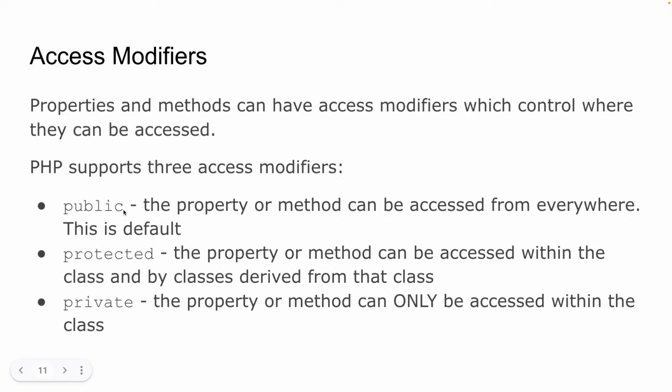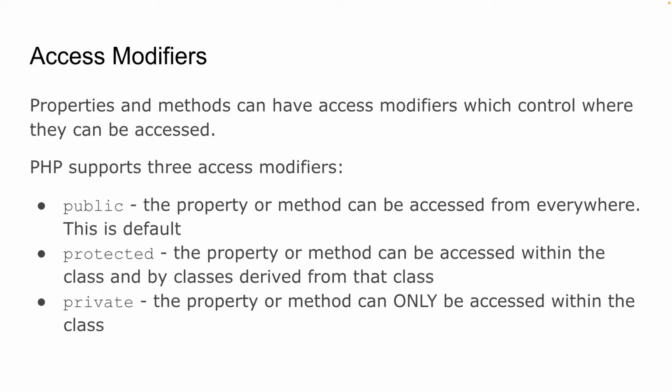Or from everywhere. Then the protected will protect the property and the method so that they can be accessed within the class and by classes derived from that class, or the classes that inherit from this class.